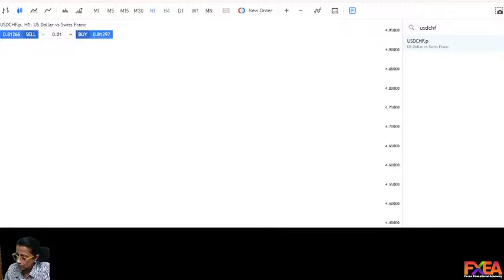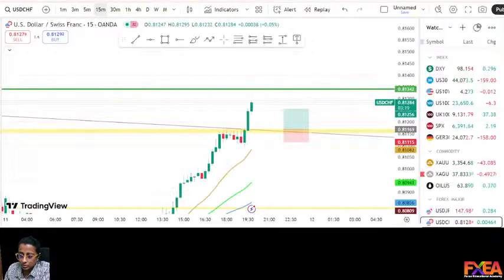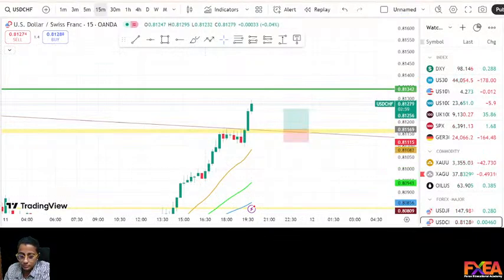So we have 4 more minutes. Yield is in direct correlation with the dollar index. And yes, negative with gold.